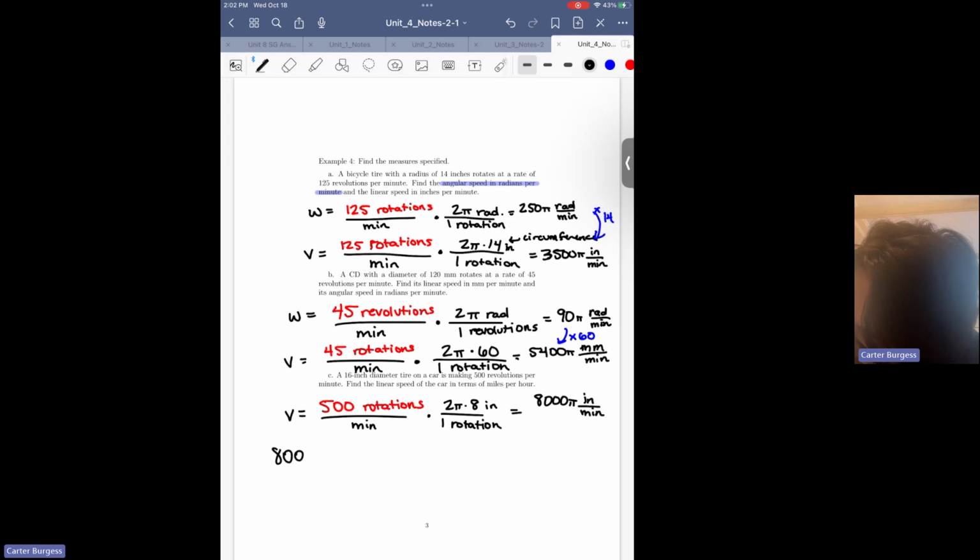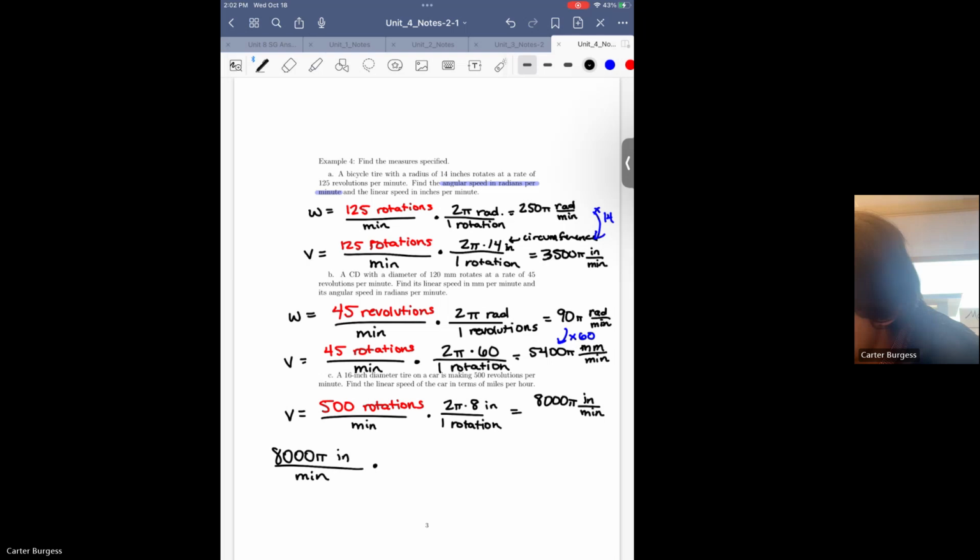So we have 8,000 pi inches per minute. Let's start with inches. I have inches in my numerator. I'm trying to cancel them, which means I need what? Inches in my denominator. Okay, that's not too bad. Does anyone know off the top of their head the conversion factor for inches into miles, number of inches in a mile?